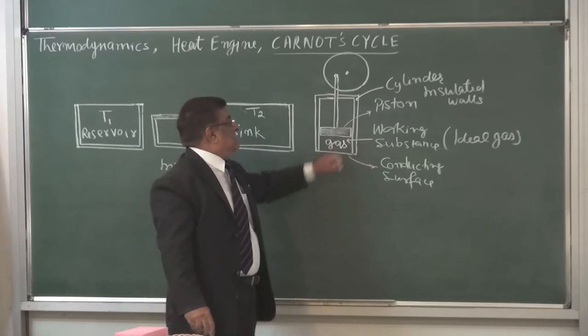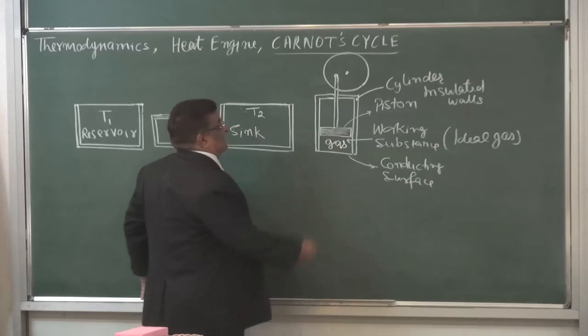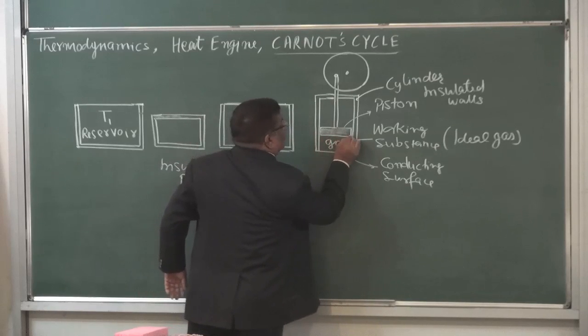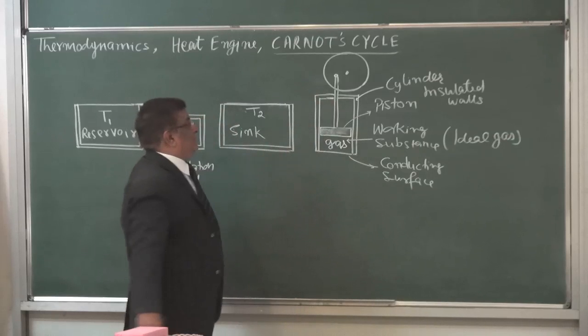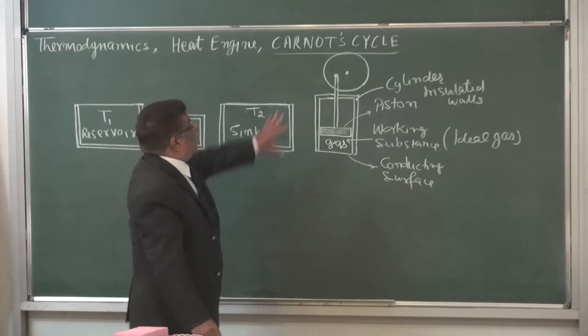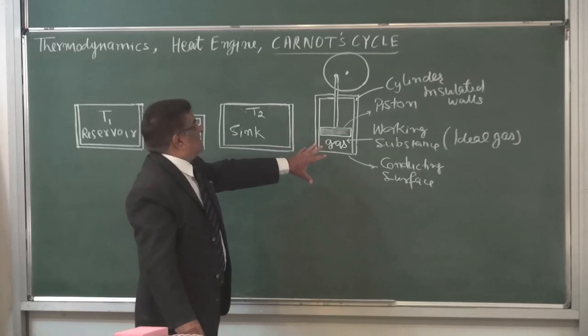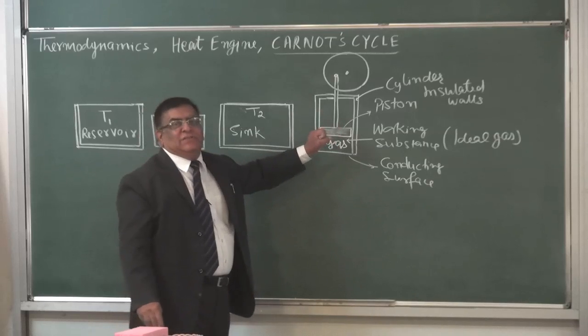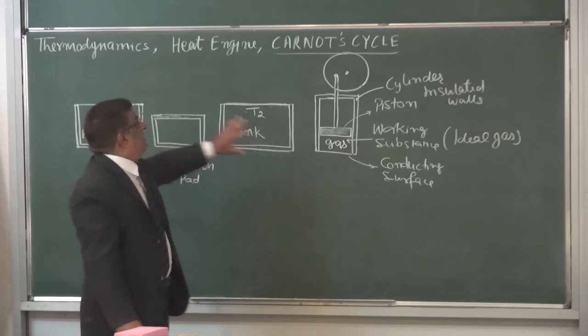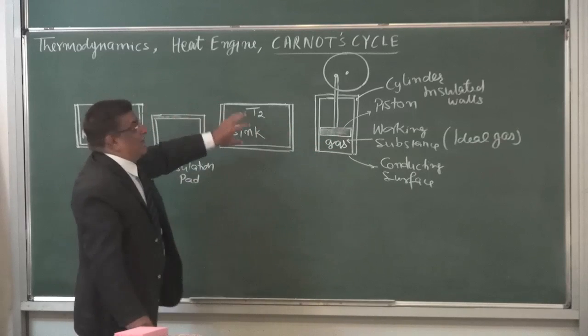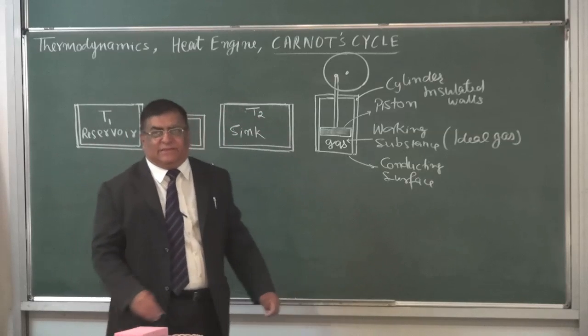Heat cannot go through these, only through this one. It is capable of moving. So this is our working substance, and this cylinder is such that for our process we will keep placing it here, here or here, anywhere we want.